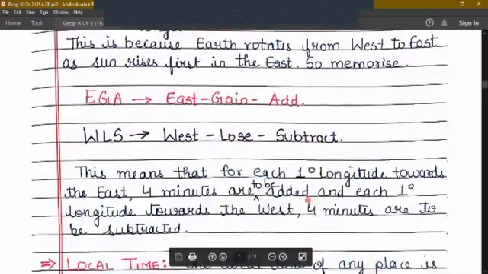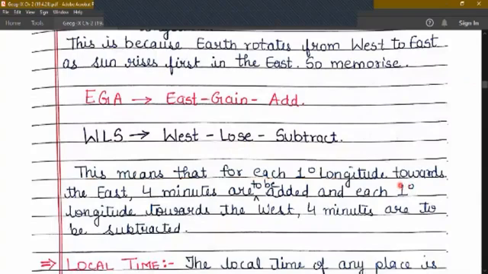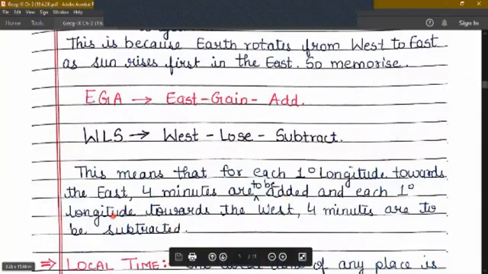Here, a more elaboration. This means that for each 1 degree longitude towards the east, 4 minutes are to be added, and for each 1 degree longitude towards the west, 4 minutes are to be subtracted. Right, children?